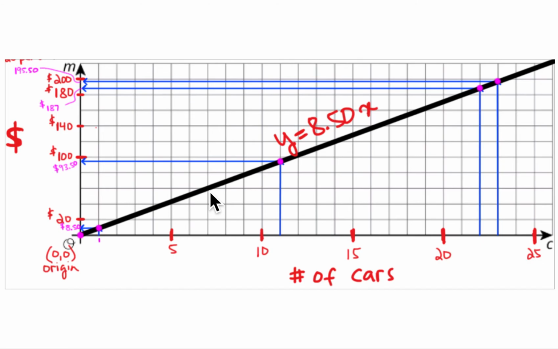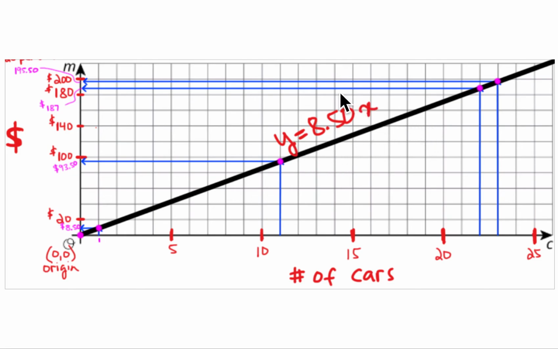You go up to here. Looks like 7 cars makes you $20, $40, $60. And that's probably correct. 7 times $8.50 is $60. That's why a graph is so useful, because you don't have to do the calculations anymore. You can just look at it and tell what's going on.